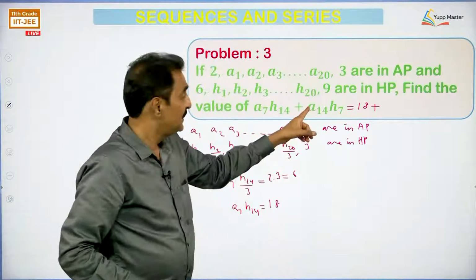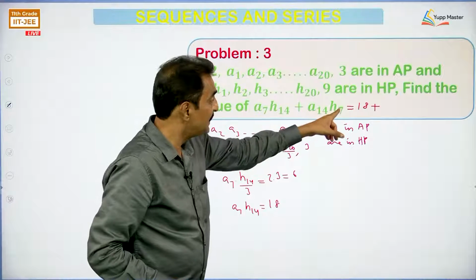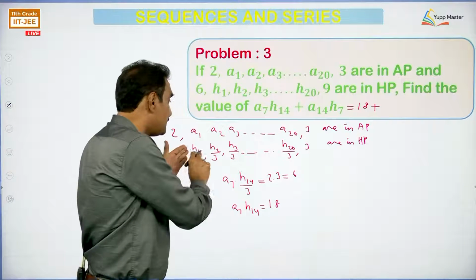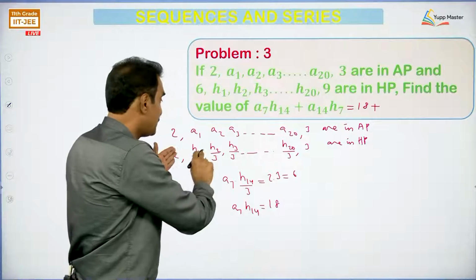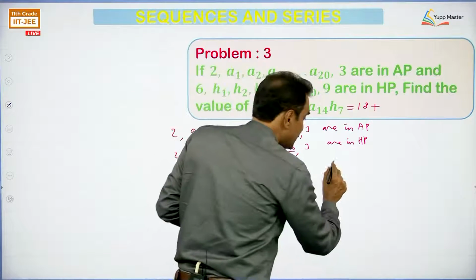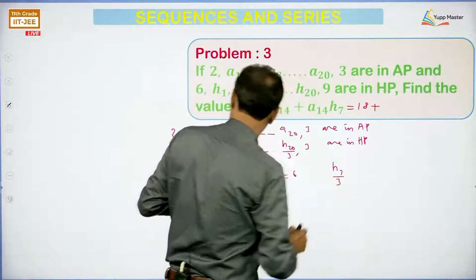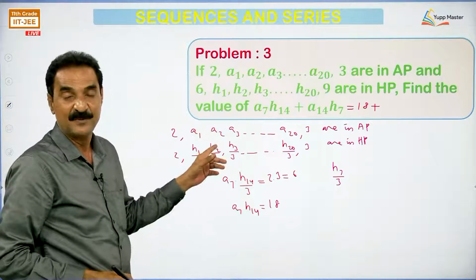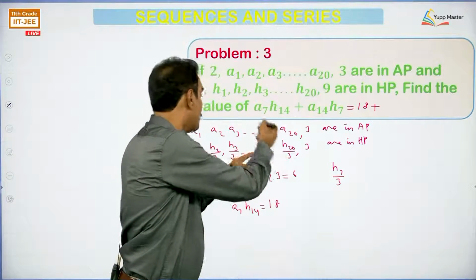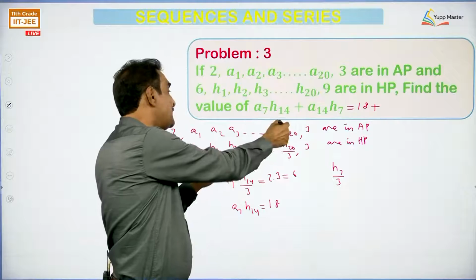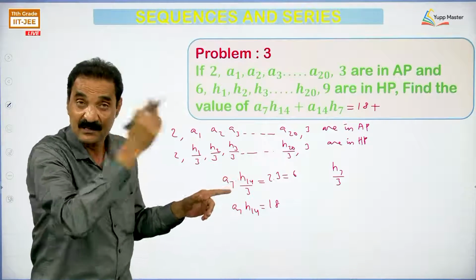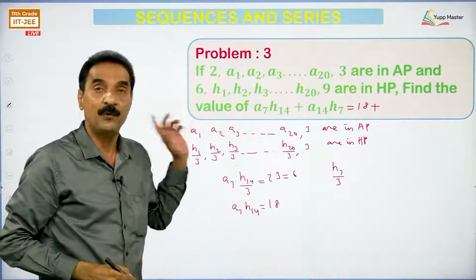Similarly, H7 is the 7th harmonic mean. Sorry, if you take the 7th harmonic mean from left, it will be H7/3. From left, 7th harmonic mean into 7th arithmetic mean from right. The 7th arithmetic mean from right will be A14.